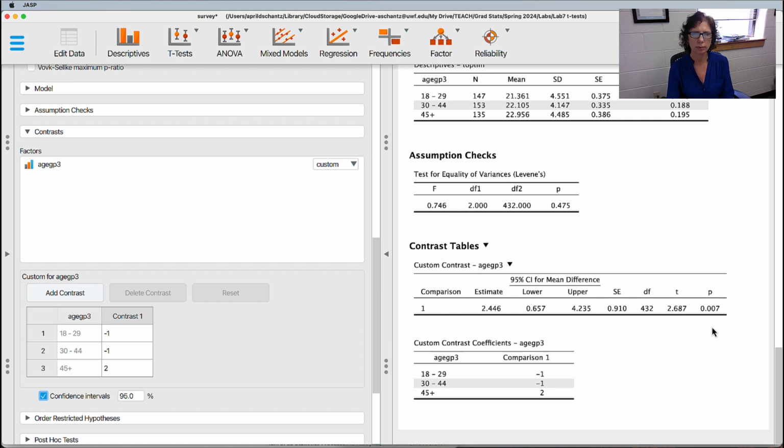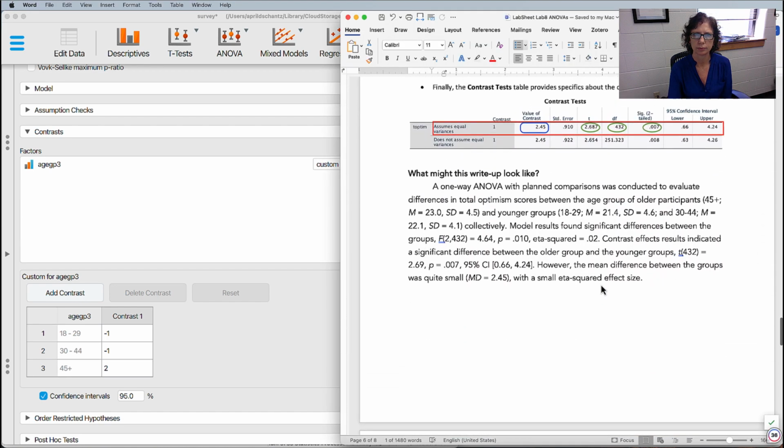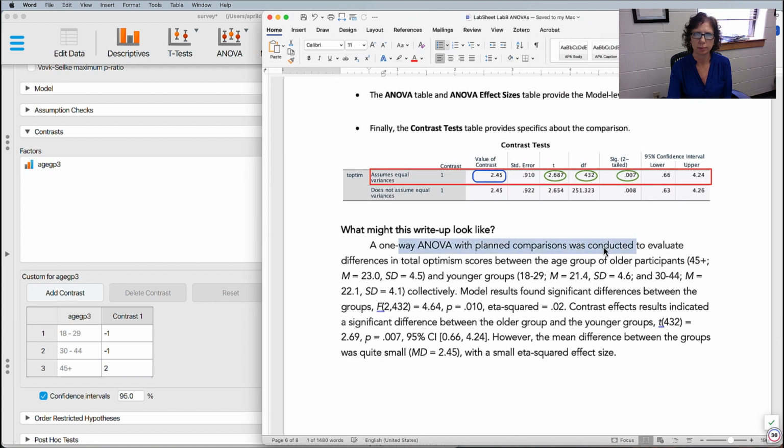Okay, let's look at the write-up on this one. So again, let the reader know what type of test you ran, give them some descriptive info, and here I'm saying differences in optimism scores between the age group of older participants and the younger groups collectively.